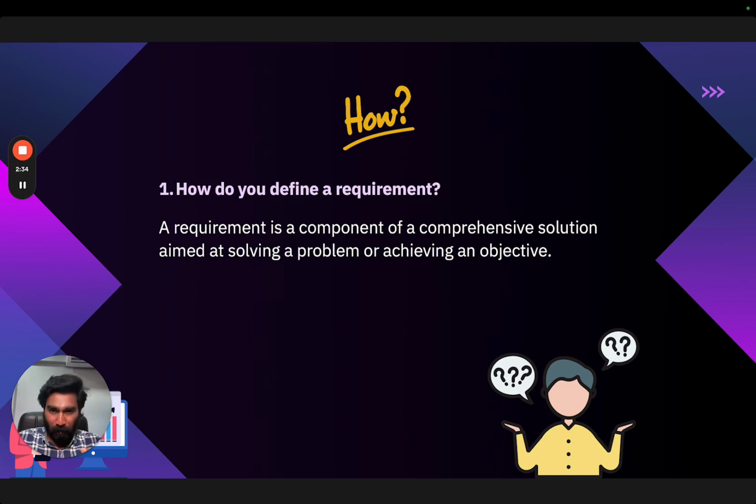All of that comes into the picture, correct? So as a business analyst, you will have to collect all the requirements to design any particular application.